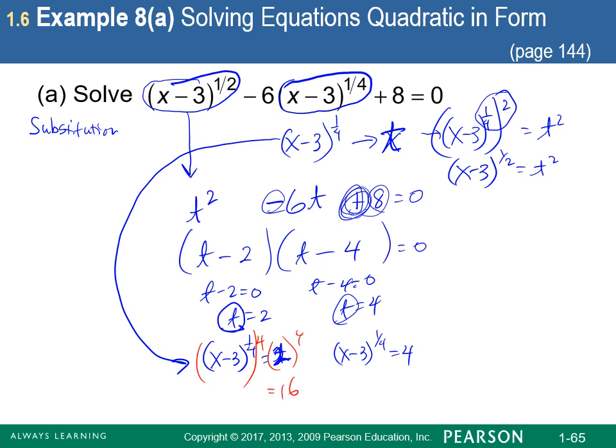That comes out to be a 16 and an x minus 3. Add 3 and we've got 19. Same thing here. Both sides raised to the 4th power. And add 3. Now I'll dispense with the checking. I think you can see that there's not going to be any anomalies with these two numbers.